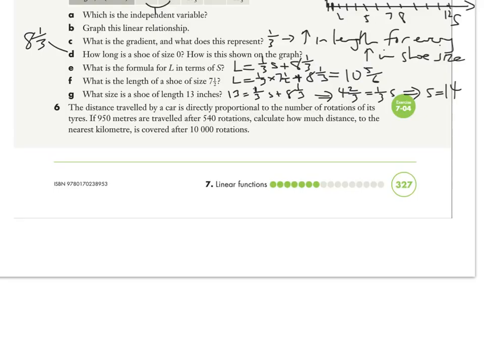Now, the distance travelled by a car is directly proportional. Now remember, directly proportional is y equals kx, or y equals mx. Now, in this case, the distance travelled is proportional to the number of rotations.